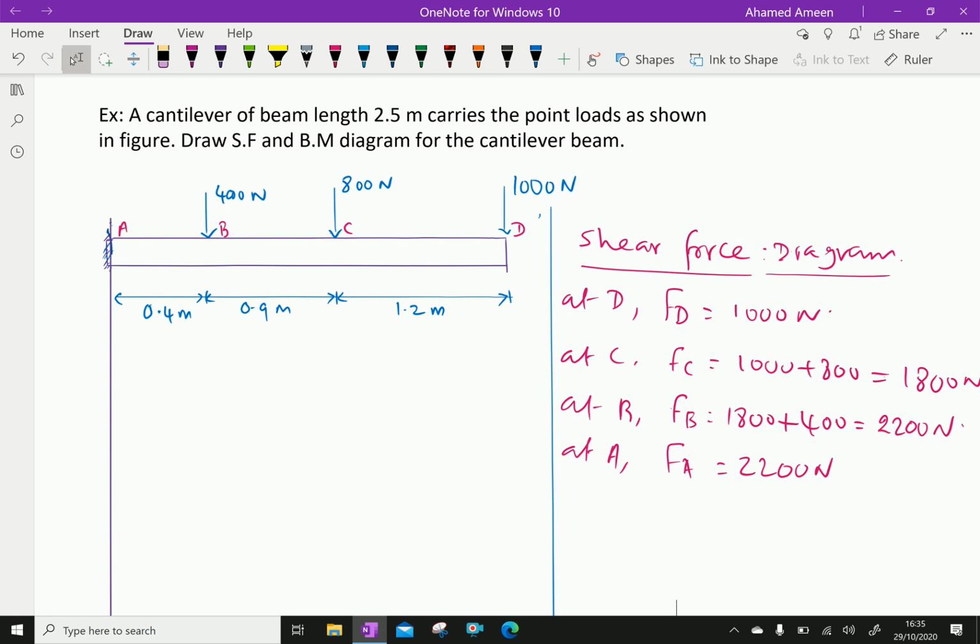We have to draw first the baseline up to this point.